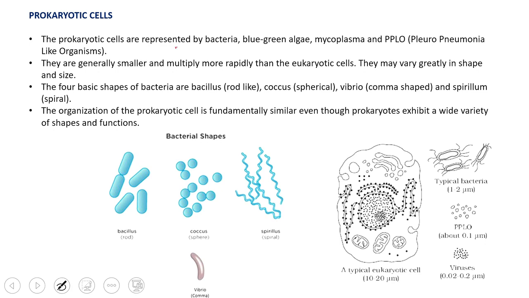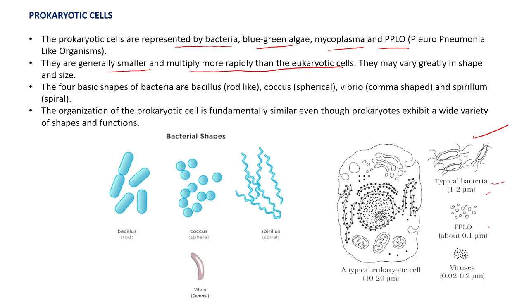Prokaryotic cells are represented by bacteria, blue-green algae, mycoplasma and PPLO. They are generally smaller and multiply more rapidly than eukaryotic cells. So these are prokaryotic cells. You can see bacteria have a size of 1 to 2 micrometer and PPLO is a size of 0.1 micrometer.